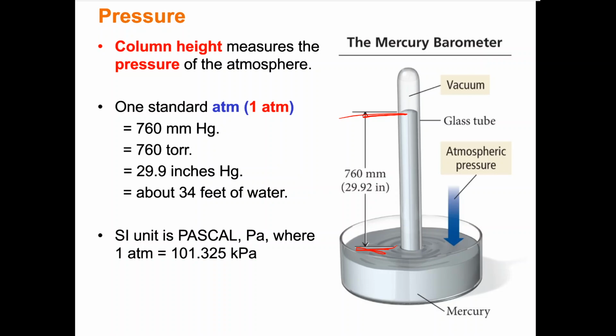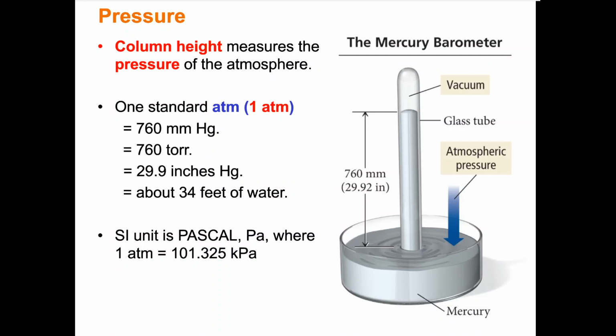Atmospheric pressure is pushing down on the mercury, and that's causing the mercury to be pushed up into this tube. We take the difference between the surface of the mercury and the height of the column, and that gives us our atmospheric pressure.